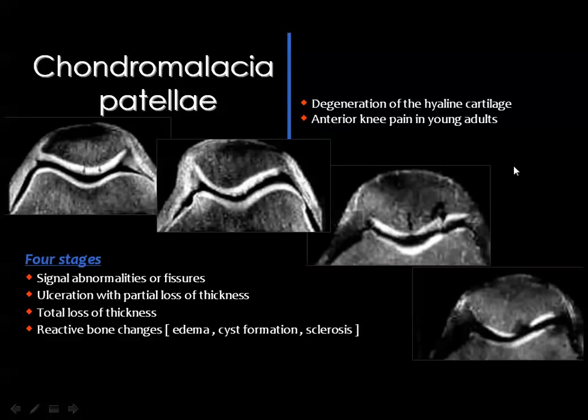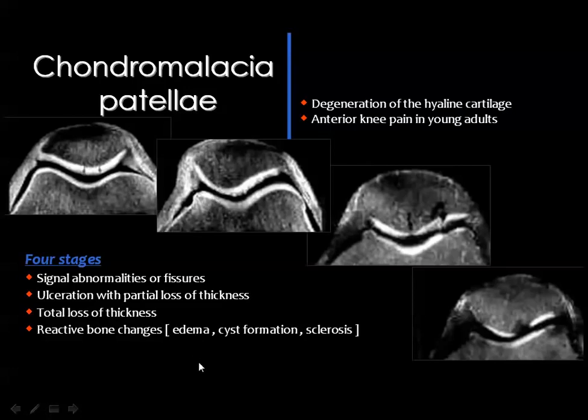And these are the stages of chondromalacia patella. In the first stage, you see only fissures within the articular cartilage, which is maintaining its normal thickness and signal intensity. In the second stage, you see some loss of the thickness of the articular cartilage.